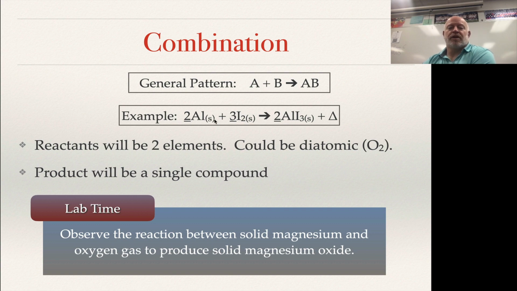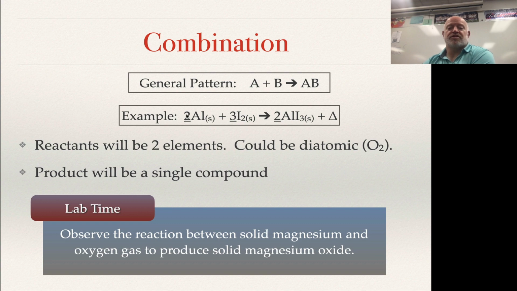You'll see a lot more information in this reaction. We have a 2, a 3, the states of matter. We see heat being let off. All that stuff is great information, but it doesn't distract us, or shouldn't distract us, from the basic pattern, which is one element plus another element making a single compound, okay? So this extra information is necessary for the chemistry, but not for identifying the reaction type, okay?